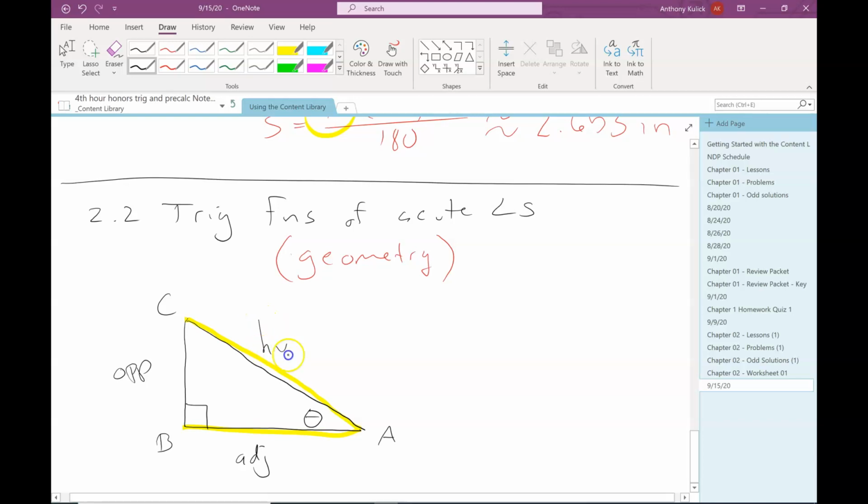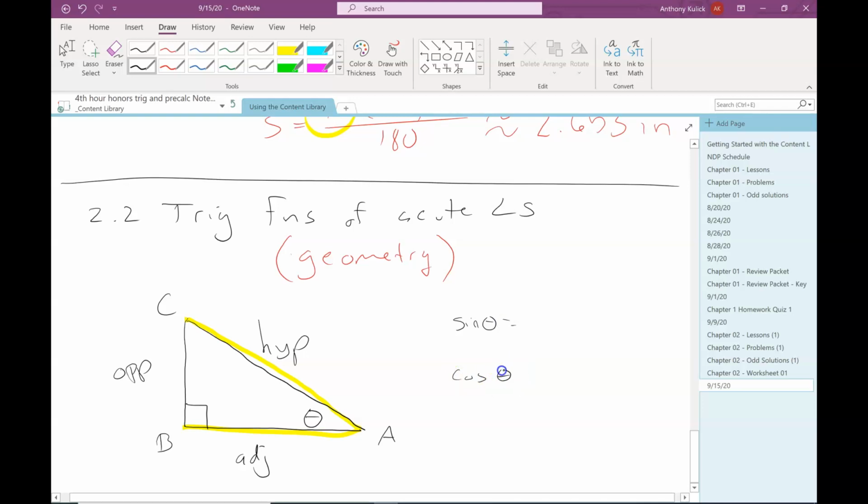And then obviously we all know the hypotenuse is the longest side of the triangle. Keep in mind that if I chose the other angle to be theta, opposite and adjacent would have switched, right? Everybody's okay with that? You guys remember that from way back when? Okay.